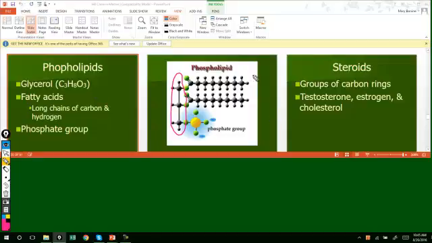And then there's these long fatty acid chains. They're big chains of carbon and hydrogen connected to a group that's called a carboxyl group. That's a carbon, two oxygens, and a hydrogen. We call that carboxyl. And this is an important group to be aware of because it makes things acidic.